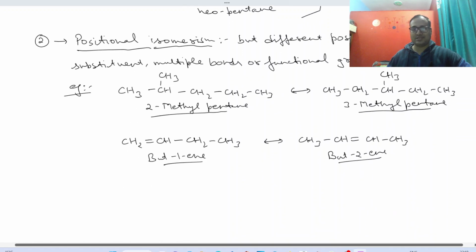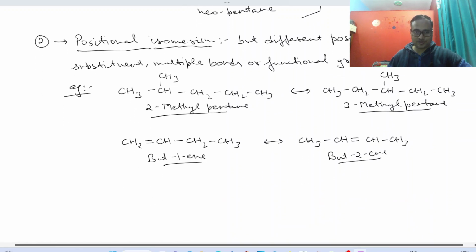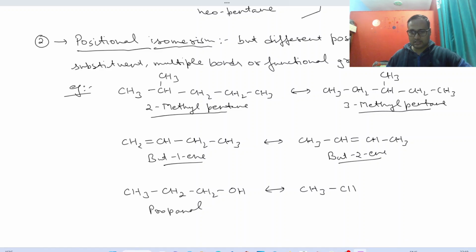Let us take an example with the functional group. So for that, we can write CH3, CH2, CH2, OH. This one is propanol, and we can draw its isomer as CH3, CH, OH, CH3.